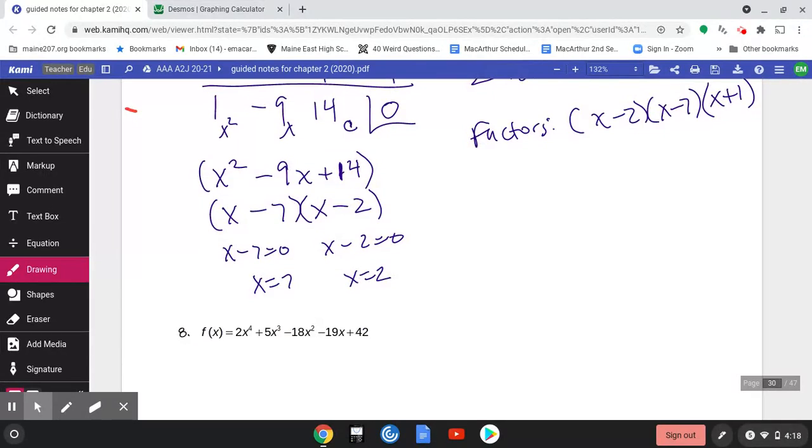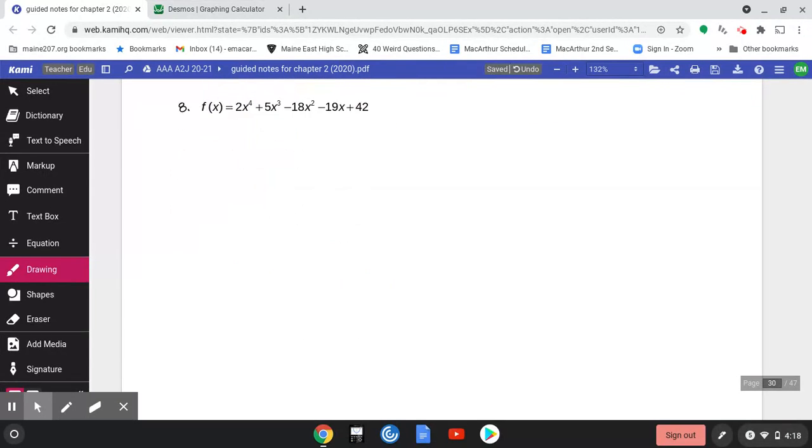On number 8, it is a little bit different. First of all, it's a quartic. There's 5 terms, so it's not anything else.